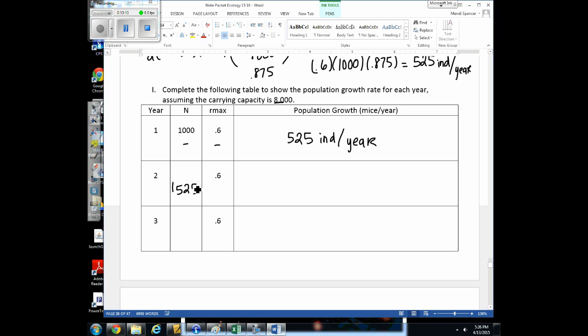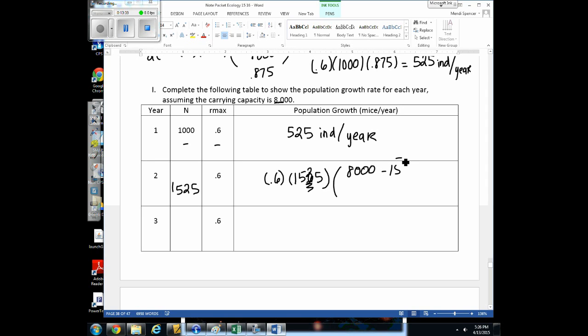1,525. So then we're going to plug that into the logistic growth equation. We have 0.6 as the R max, and our initial population size is 1,525. And again, we have the same carrying capacity, which is 8,000.